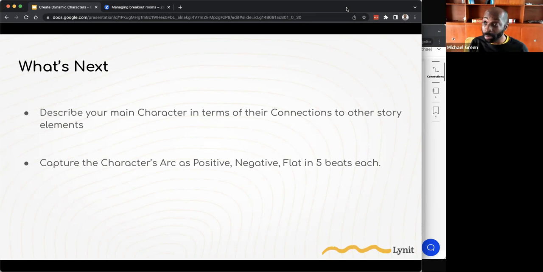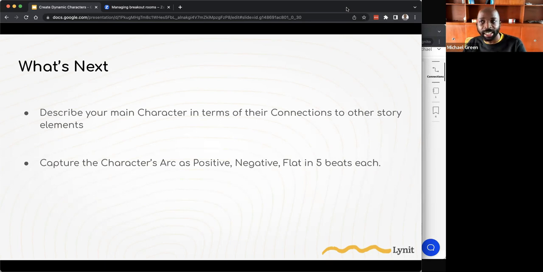And so that extrapolates to large stories, because even if something is positive, meaning at the end the character rejects the lie, the belief, their journey to it could be ups and downs, right? So they could be, at first, sinking deeper into the lie and really getting grounded in it.